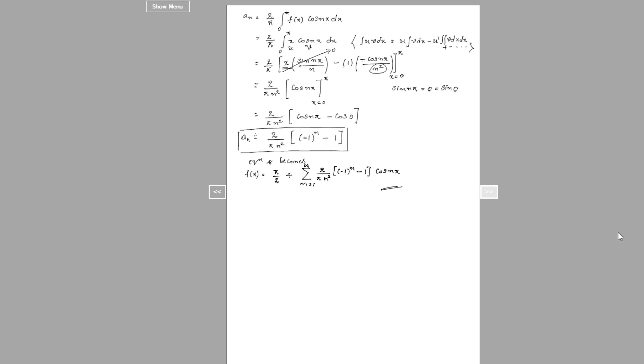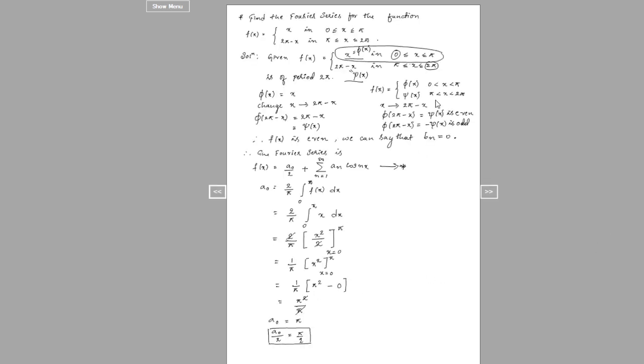As you observe, the given problem had period 0 to 2 pi.